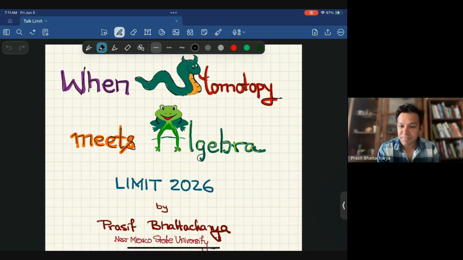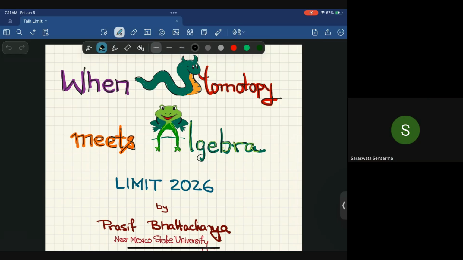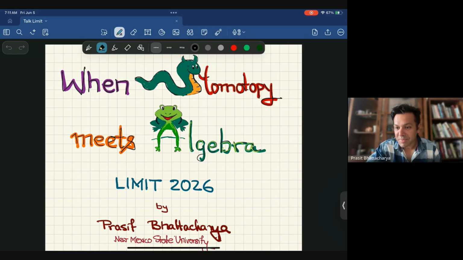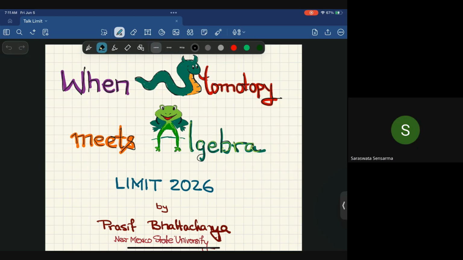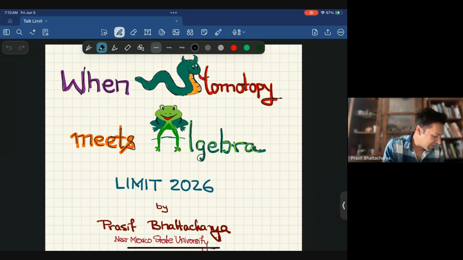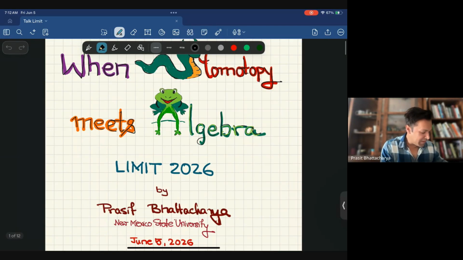I don't know how to, if there is a thumbs up or anything, that should be good enough. Yeah, thumbs up should be great. These are mostly first year university students, so they should be familiar with group theory. Okay, so let me then start there.